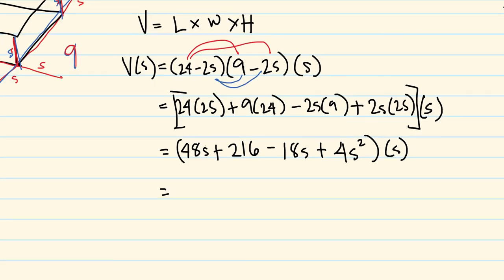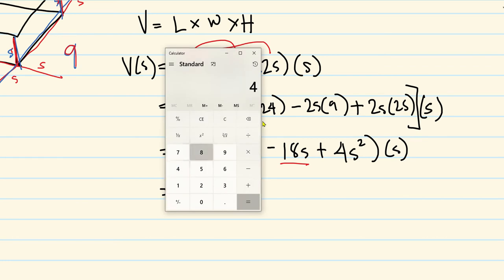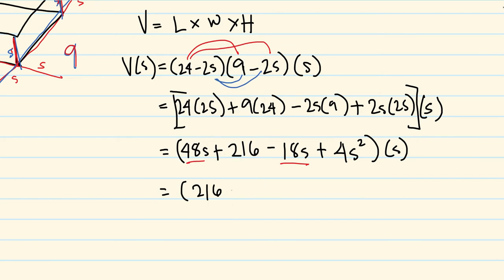Then like terms: 48s and 18s, so this becomes 216, and 48 minus 18 is 30, so plus 30s, plus 4s squared times s.